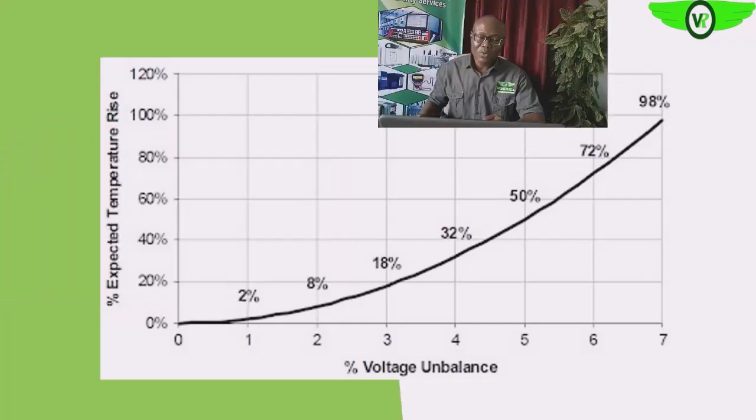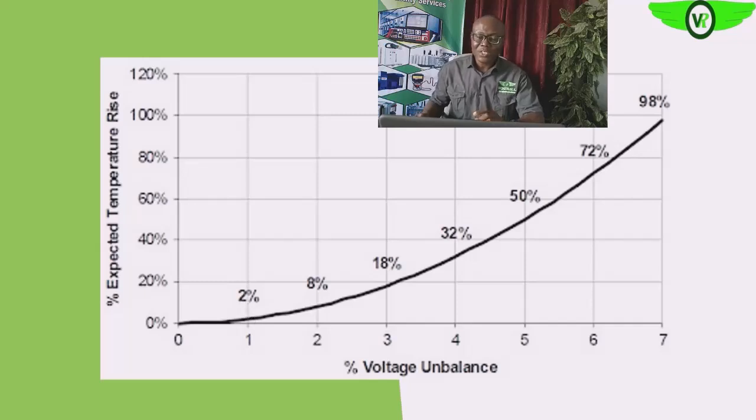So now look at how the voltage unbalance, okay, this graph shows how the voltage unbalance will affect the temperature rise of the electric motor itself. Okay, so as you can see, a 1% unbalance can cause 2% temperature rise. Are we getting it?